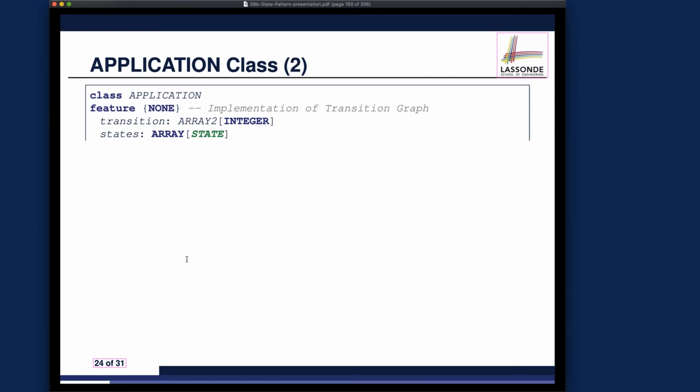Let's continue with the same application class. We still have these two attributes. Let's see other routines. We have put states. This is similar to add students in the previous inheritance lecture. Remember, the consequence of having polymorphic feature arguments is that you have a polymorphic collection.